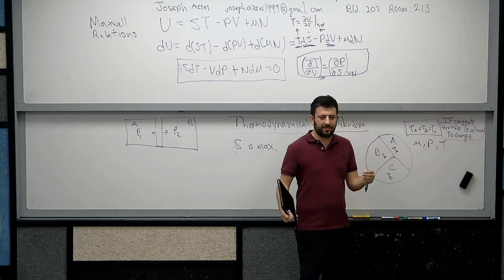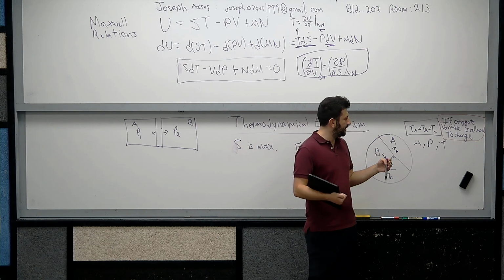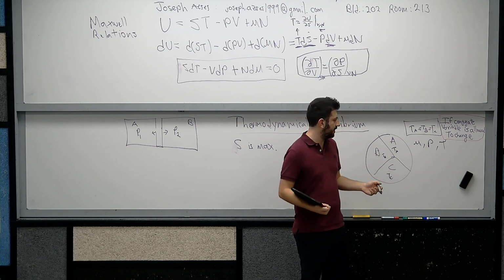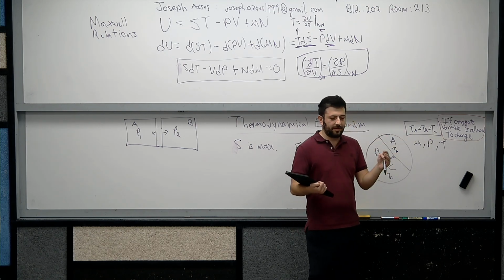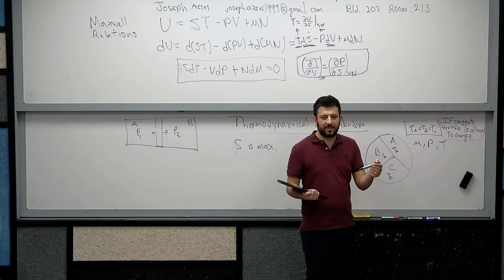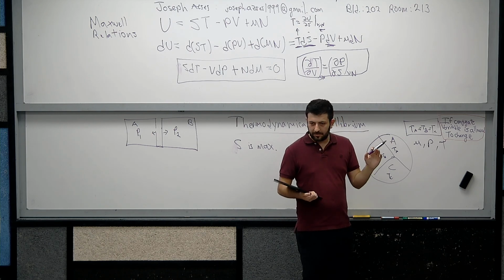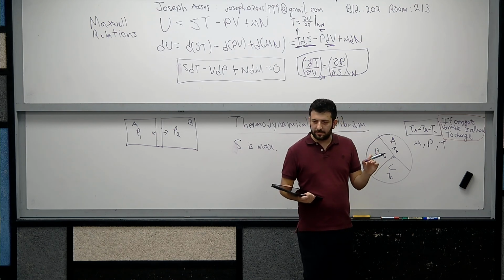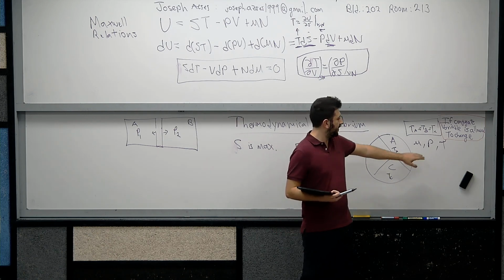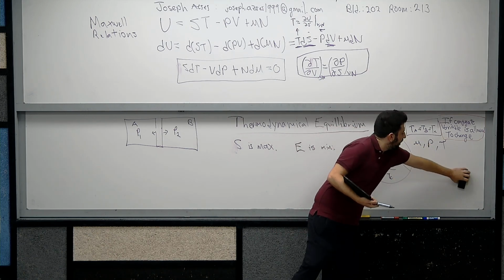That's the actual change in the system. So if those variables are in some way constrained, the system cannot change. Okay? This is a very important concept.